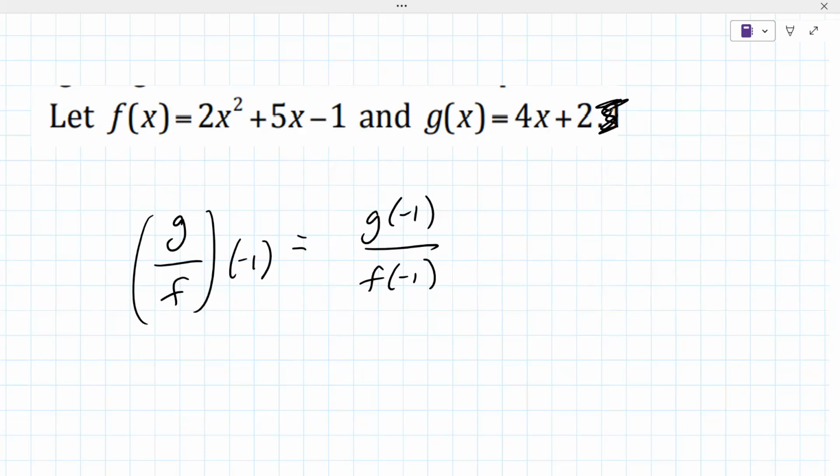Then f of -1: 2 plus -5 is -3, so -4. Okay, so I got -2 over -4, which I think you can reduce to just 1/2. You can, and that was part of the point of this one: you should reduce if you can.